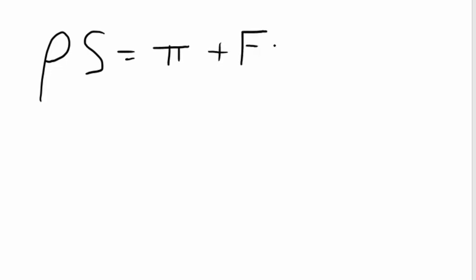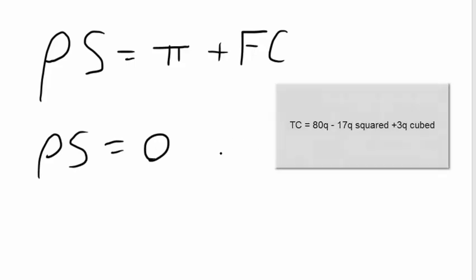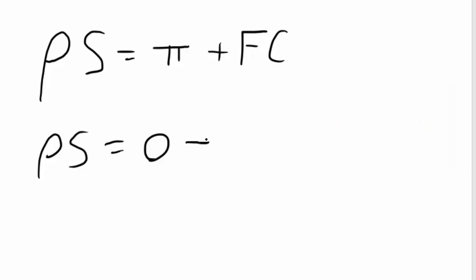If we were to find our producer surplus, we recall the formula for that being profit plus fixed cost. We know that our profit was 0, and if we look back to our total cost function, it was 80Q minus 17Q squared plus 3Q cubed, which are all variable costs with no fixed cost involved at all. So we can assume our fixed costs are also 0, which gives us a producer surplus of 0.